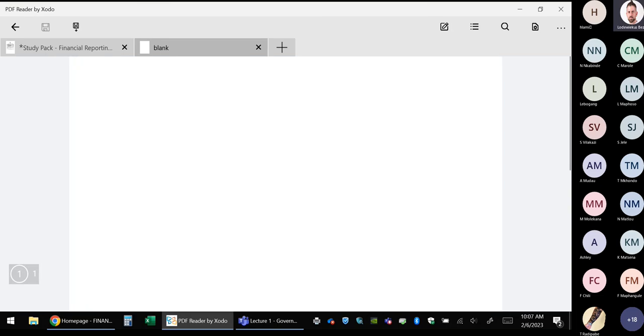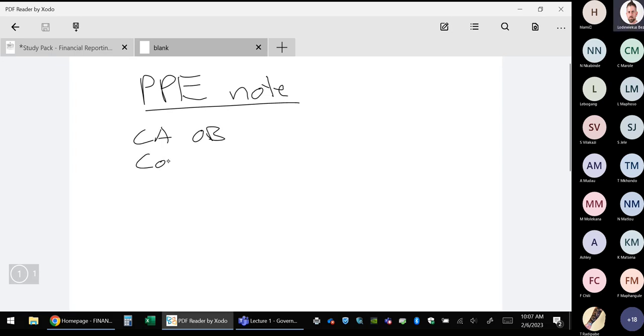Okay, remember previously, how did you do the PPE note? We had carrying amount, opening balance, cost, accumulated depreciation.